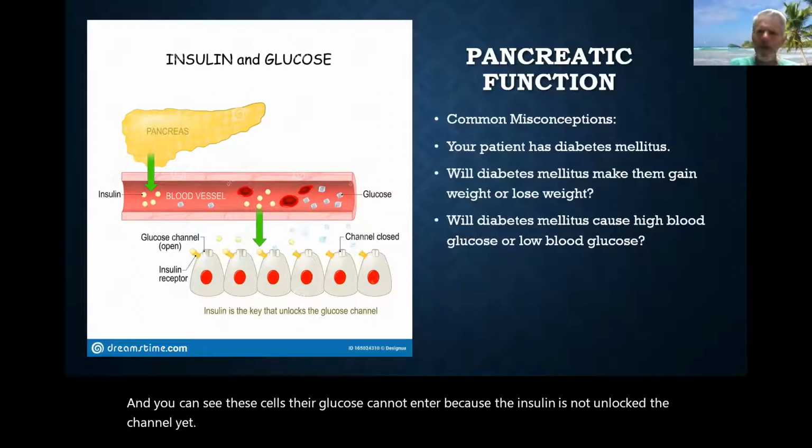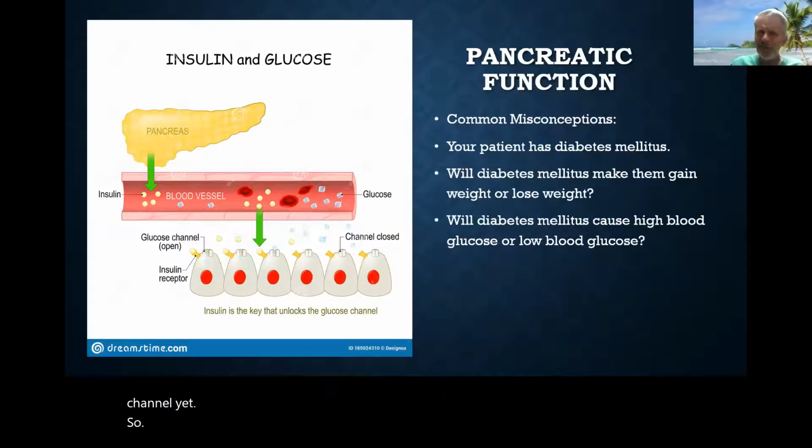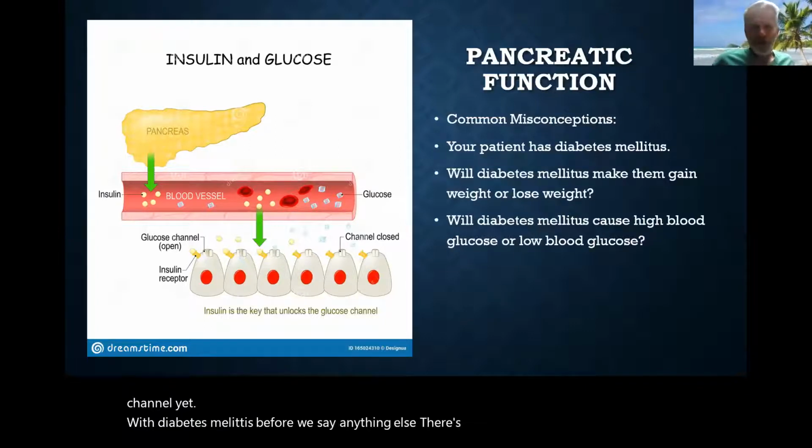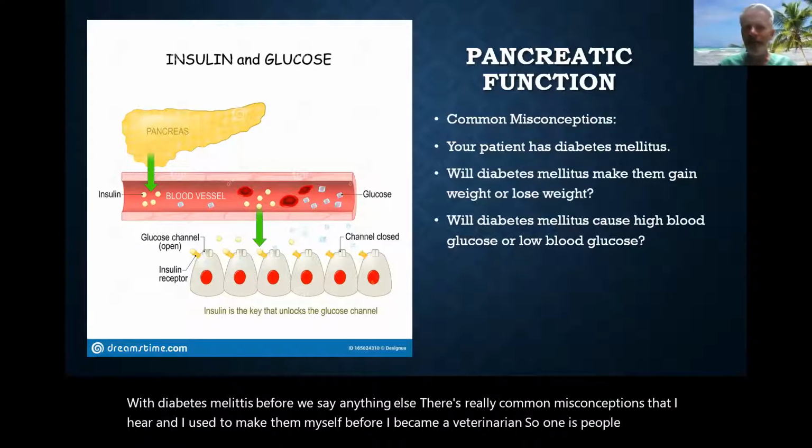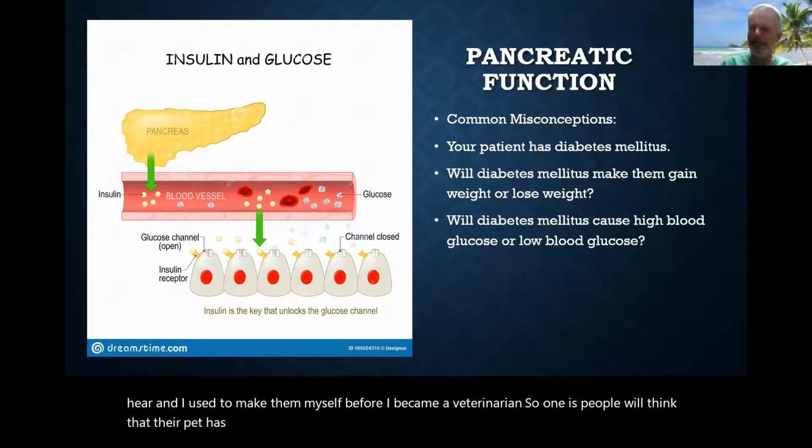So with diabetes mellitus, before we say anything else, there are really common misconceptions that I hear, and I used to make them myself before I became a veterinarian. So one is people will think that their pet has diabetes mellitus because they keep gaining weight. The opposite is true.